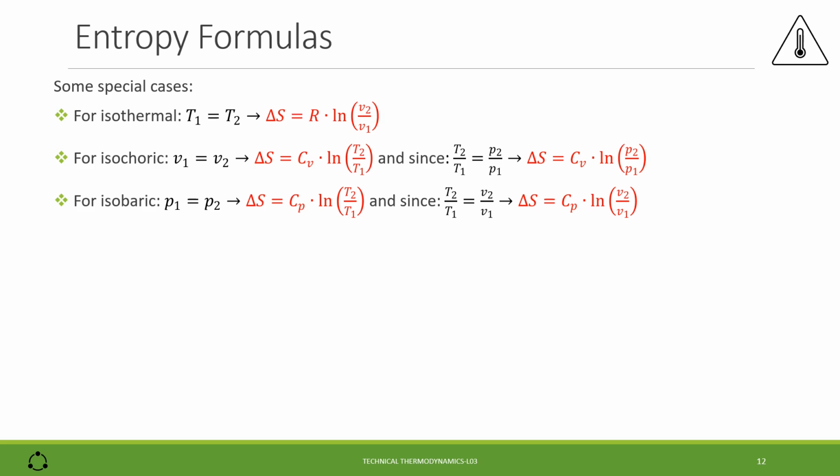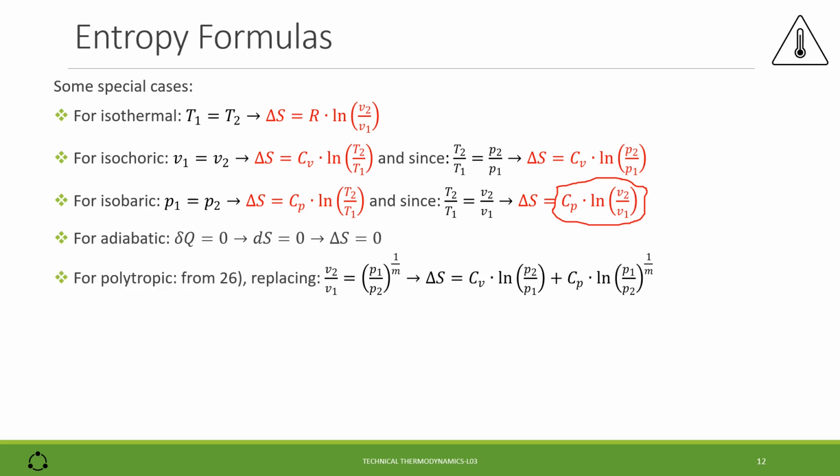For isobaric, P1 is equal to P2, delta S is Cp times logarithm of T2 over T1, and since the ratio of the temperatures equals the ratio of the volumes, we can also write in this form. For adiabatic, dQ is 0, dS is 0, delta S is 0. We remember this for the adiabatic reversible transformation.